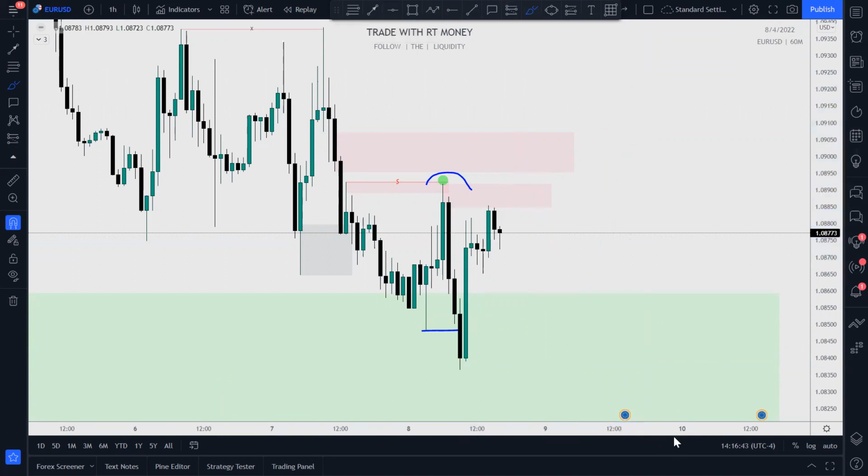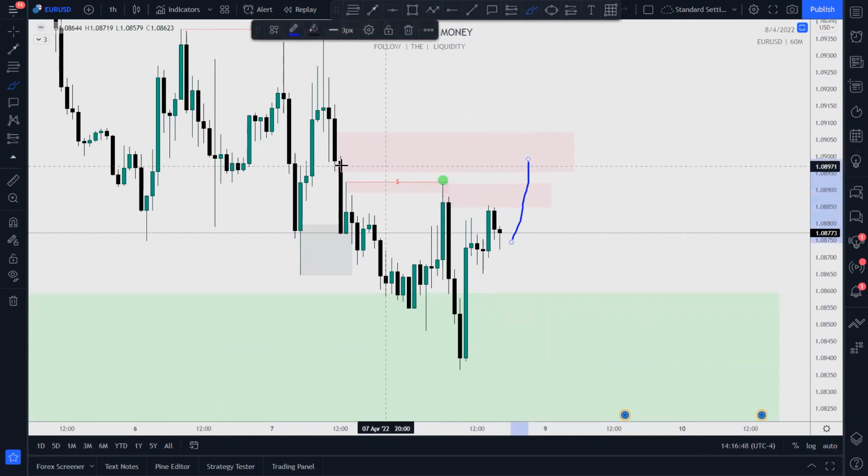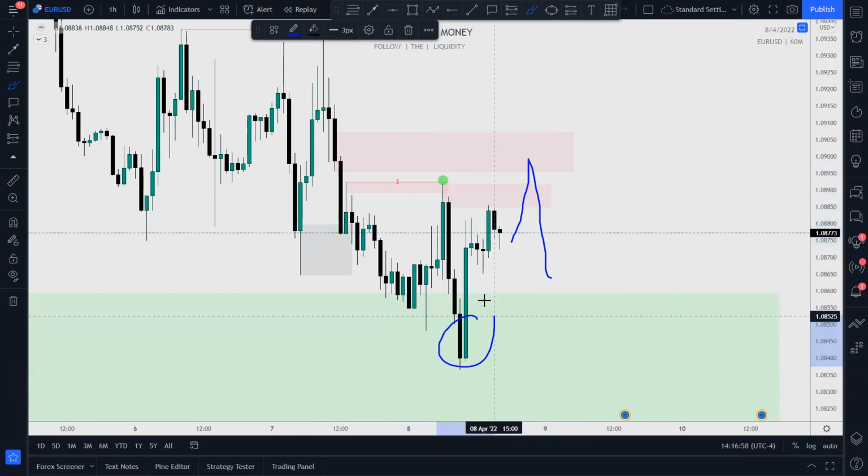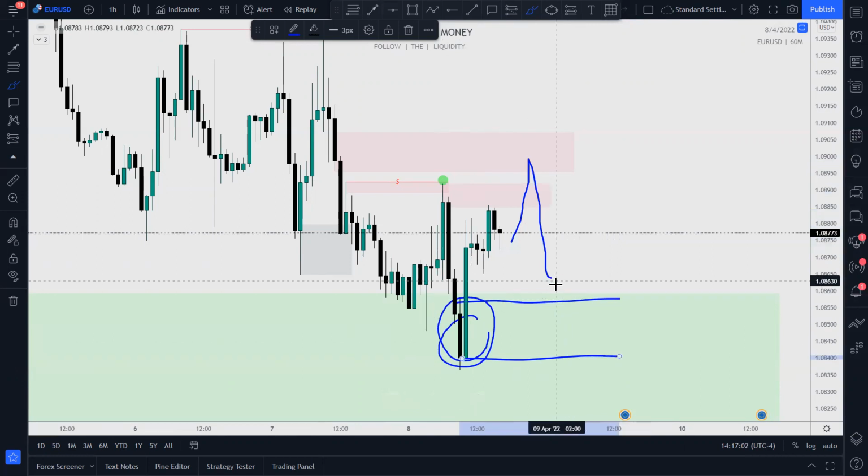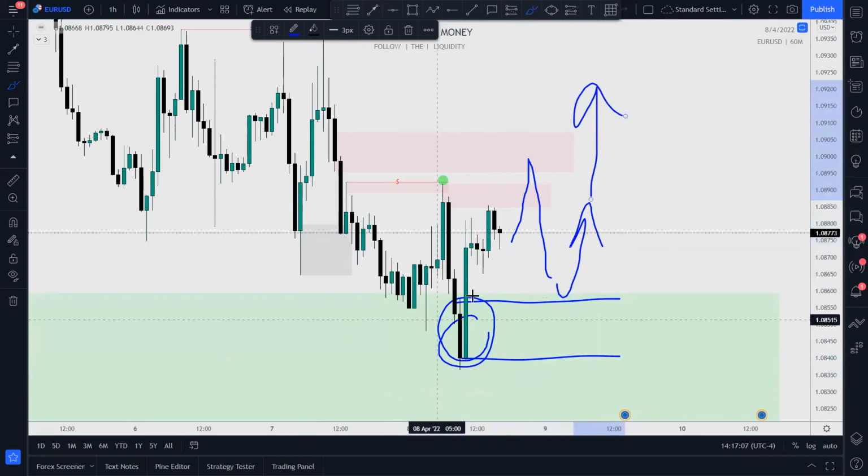But again, I'm looking at the short term. Here to take out these double highs, and the equal highs for the liquidity, a visit back down to this now validated zone of demand and a possible scoot to the upside.